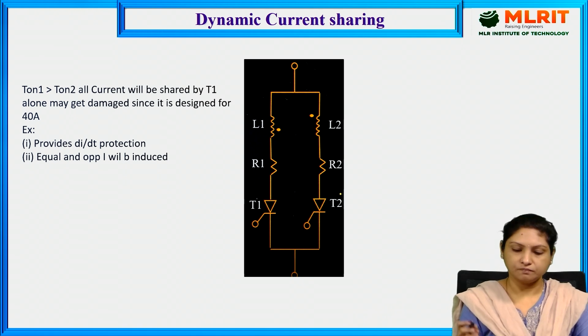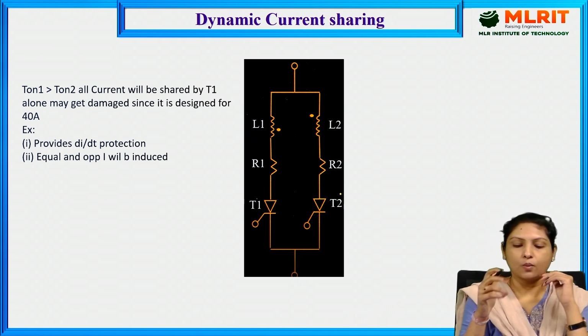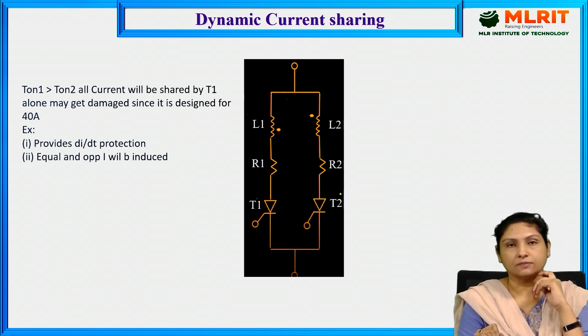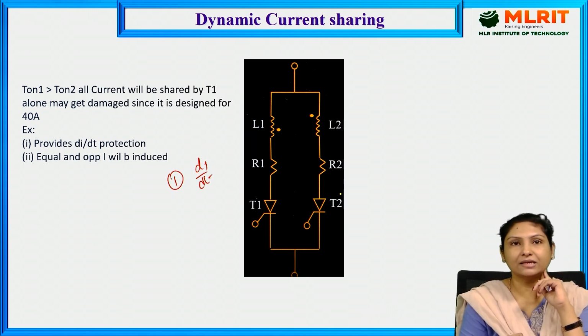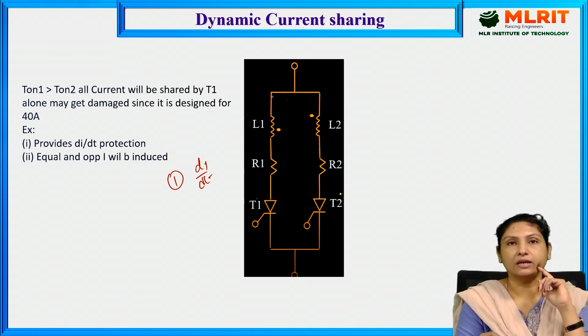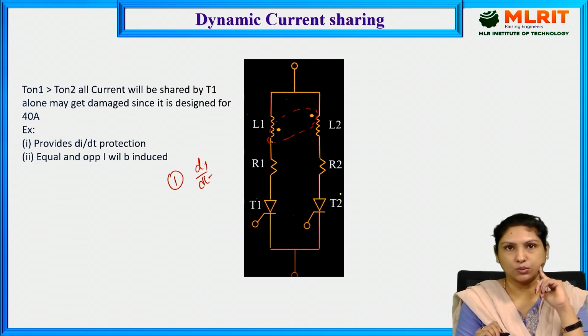The solution for this problem is to connect an inductor in series with each thyristor. That provides di/dt protection, that is one thing. The second thing is that it balances the currents flowing through each thyristor. If inductor 1 is connected, an equal and opposite current will be induced in inductor 2 as well.